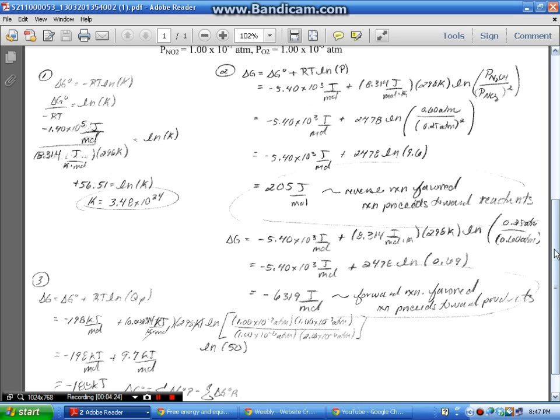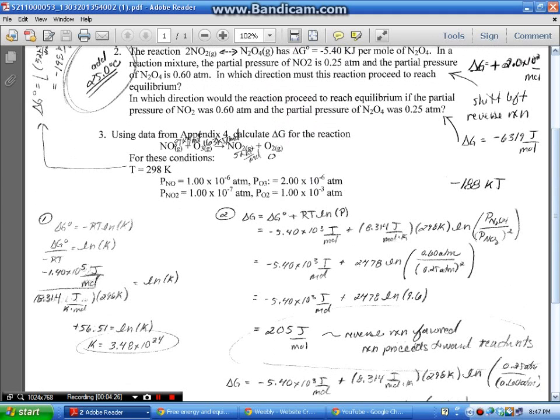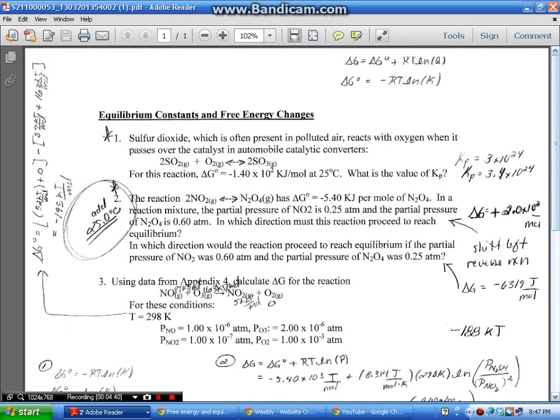Then, in this equation, using this information, we're given partial pressures, we're given our temperature, and it's asking us to calculate delta G. Well, we know, per our equation, if we're asked for delta G, it's delta G naught plus RT ln of Q. We need delta G naught.